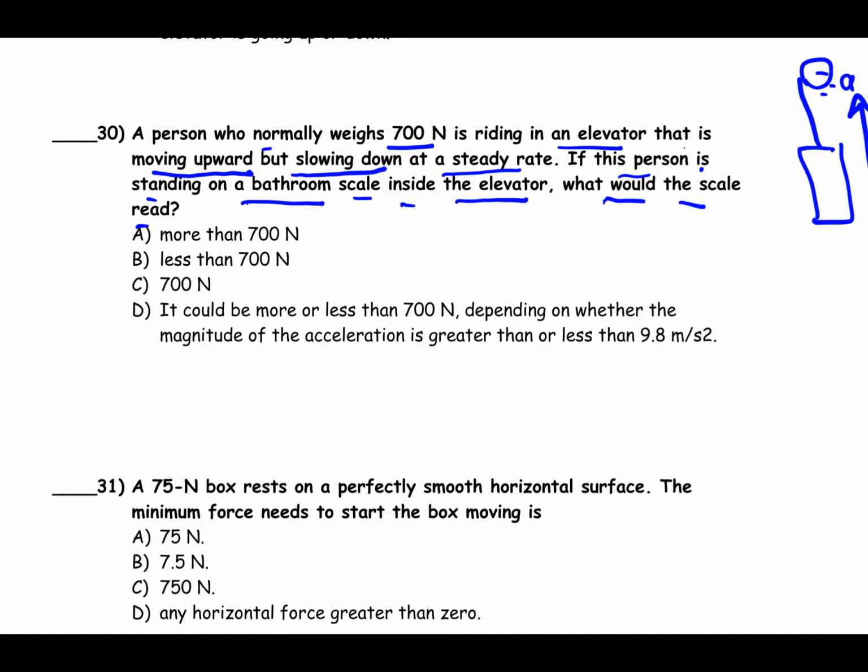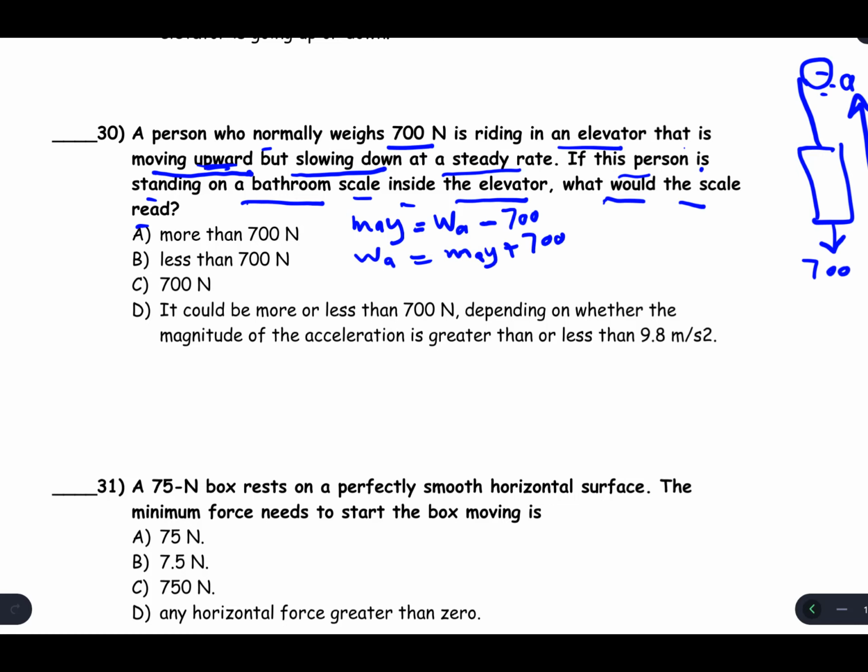Let's analyze it together, solve it together. Here is the weight, 700. The elevator is going upward, so the direction of the motion is upward. So ma equals the apparent weight minus 700. So the apparent weight, WA, equals ma plus 700. But keep in mind that the acceleration is negative.